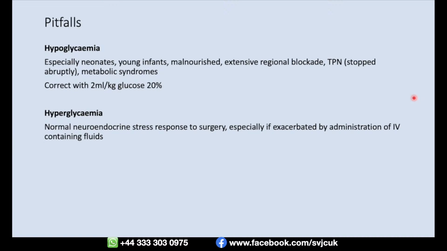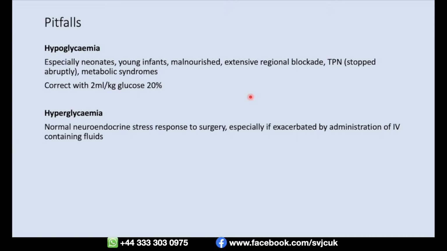A child who's been on TPN and had that stopped suddenly is at risk of hypoglycemia, and as we've said, children with metabolic syndromes. And we're going to correct hypoglycemia with 2 mils per kilo of 20% glucose, or an equivalent amount of a more or less concentrated glucose solution.